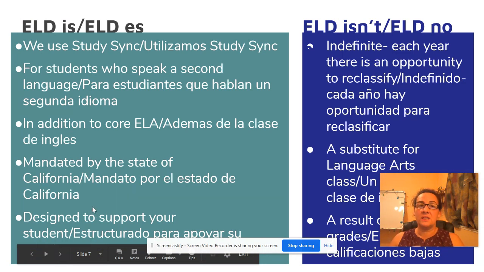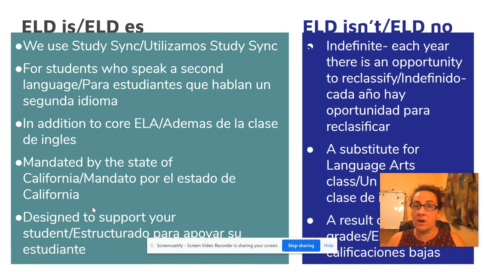So ELD is a class that helps students whose first language was not English, and our desire is to help move your student to a level so that they don't have a second English class next year. So everything that we do in class is practicing for the test, the way that they would test them: their reading skills, their reading comprehension, how well they write, and listening.